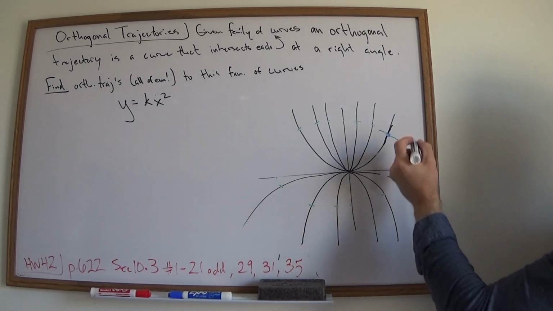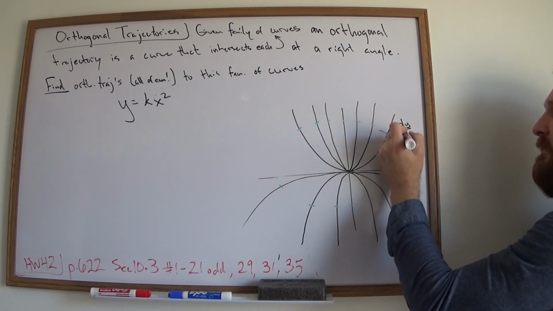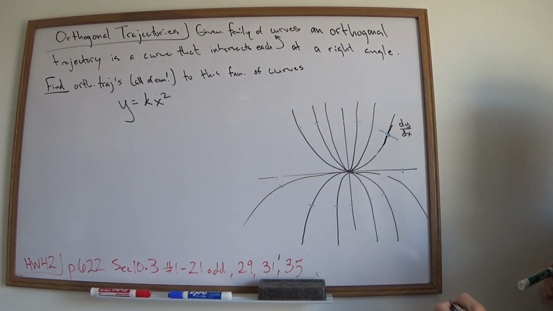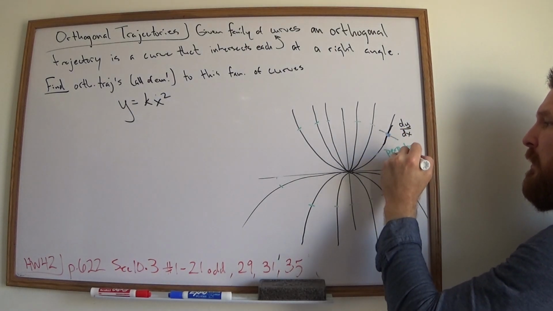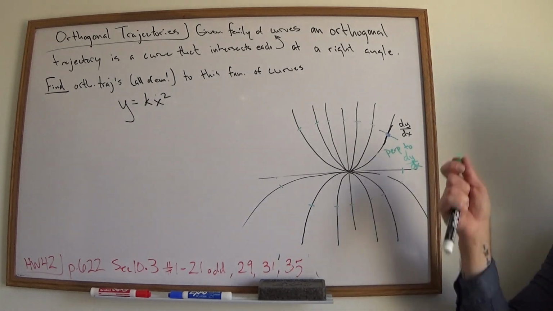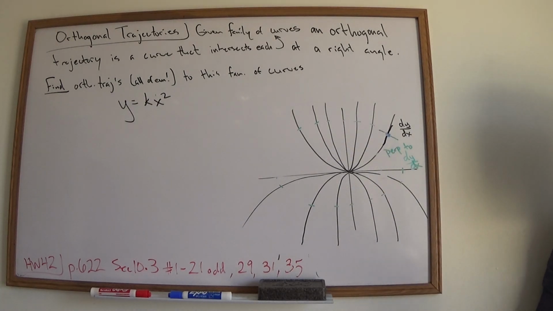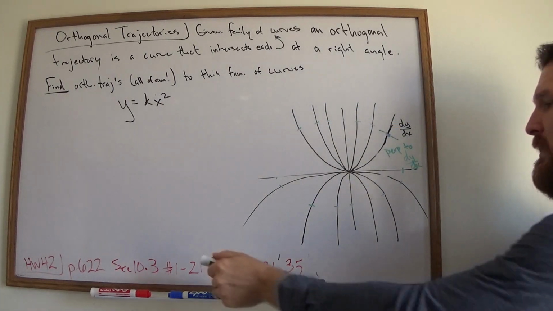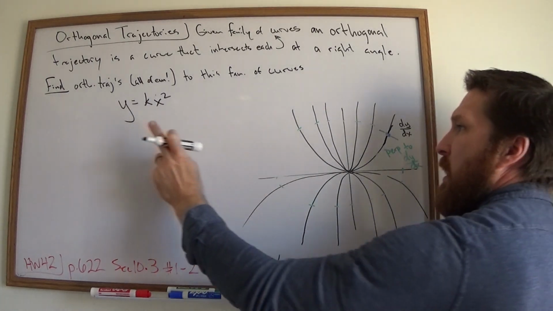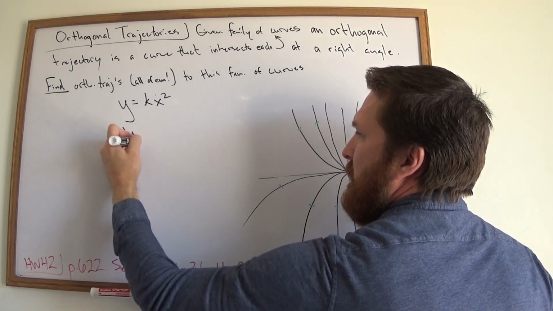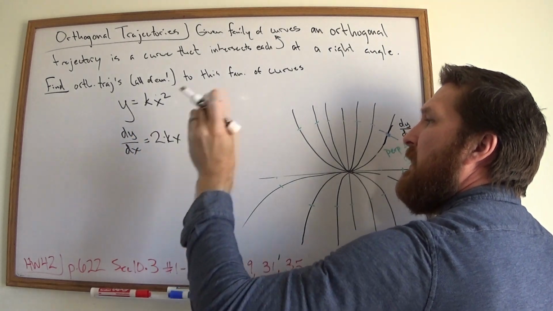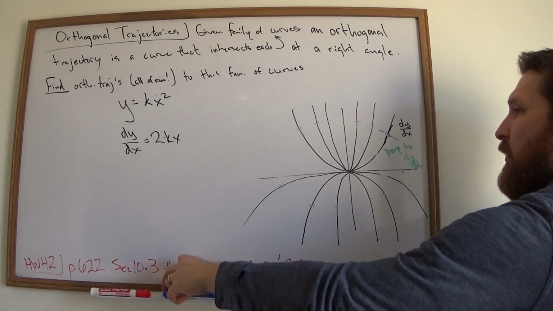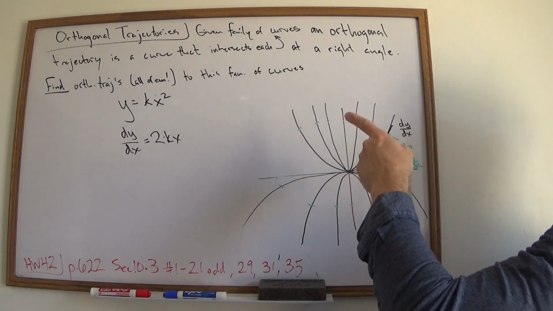So dy dx of the black one has to be perpendicular to dy dx of the green one. Can we use this to get the black dy dx? Yeah, just take the derivative, right? dy dx is equal to 2kx.